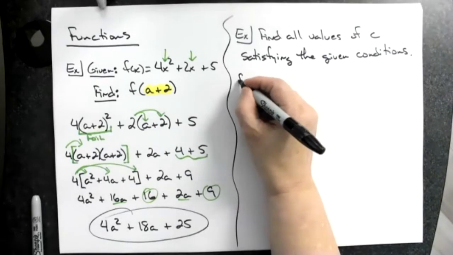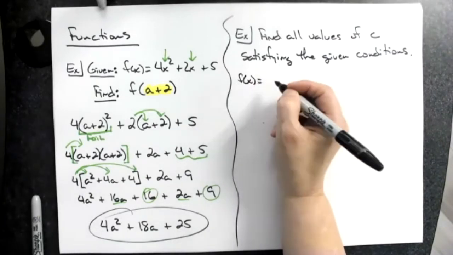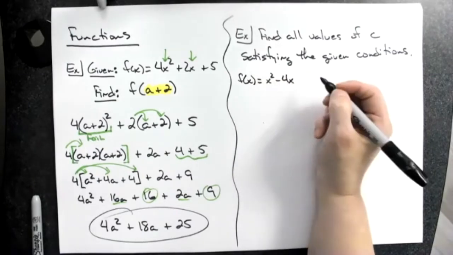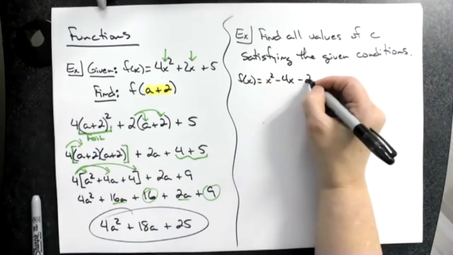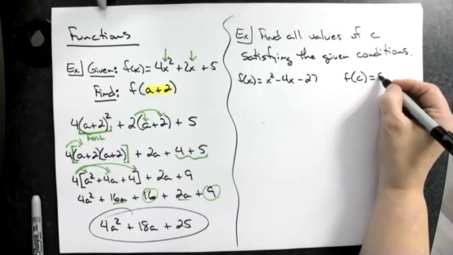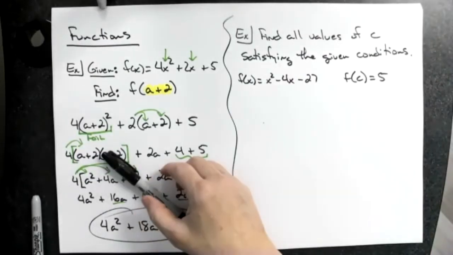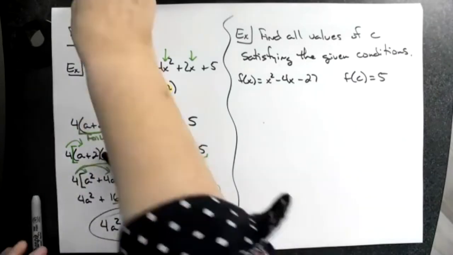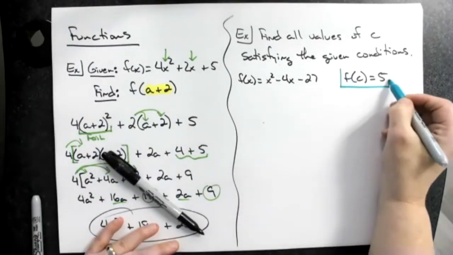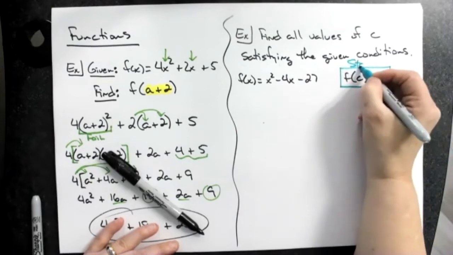So let's say they give you f of x equals x squared minus 4x minus 27. And then they give you f of c equals 5. We have talked about multiple times that in this scenario, you start with what is right here.